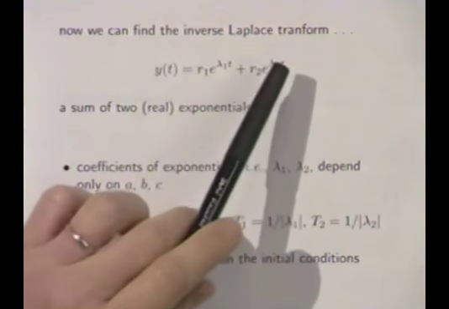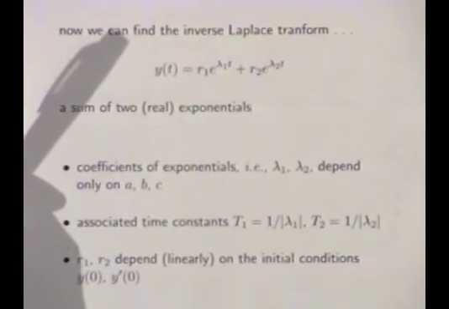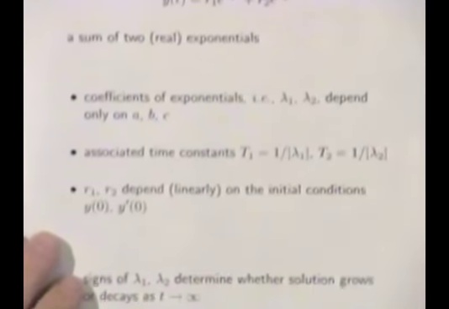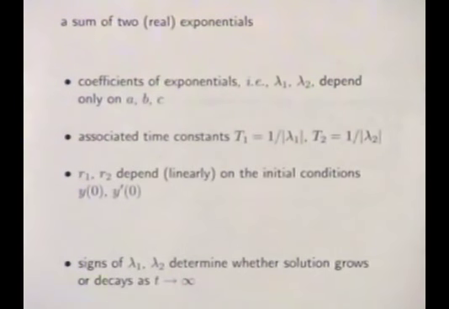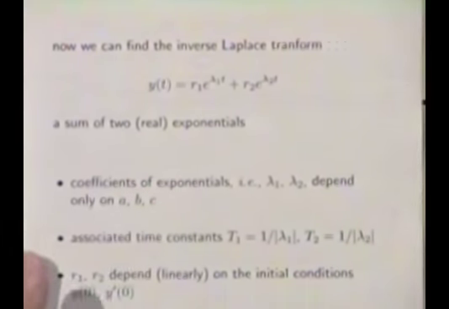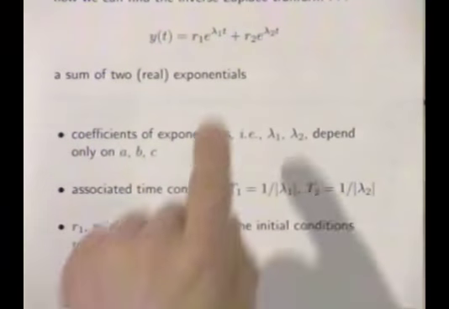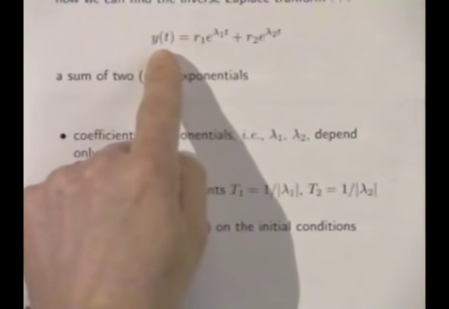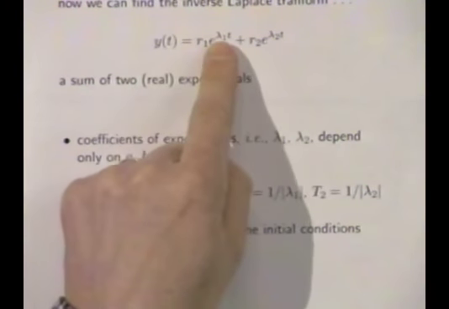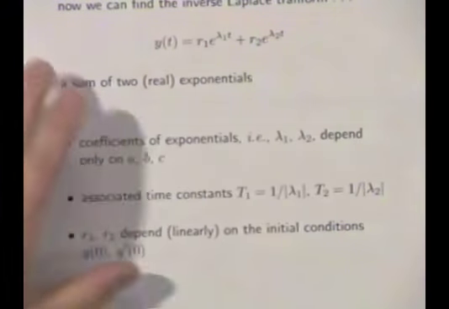Now these lambda 1 and lambda 2, those are rates, just like in a first order system. And they are associated with time constants, which is 1 over those rates. Okay? Oh, the other interesting thing to point out here is, well, all sorts of interesting things. For example, the qualitative behavior of y now depends on the signs and magnitudes of lambda 1 and lambda 2.